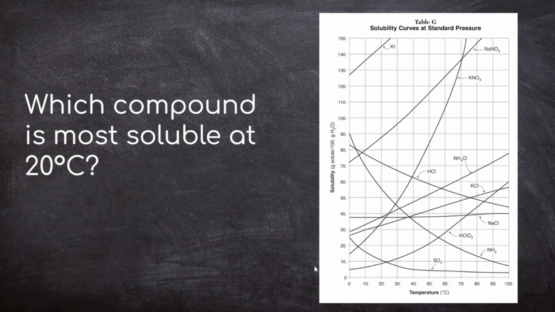Another question is, which compound is most soluble at 20 degrees Celsius? I would go to my 20 degrees Celsius again, and I would go up. Now I'm going to go to the topmost line because that will have the most dissolved. And so it's this line here for potassium iodide.